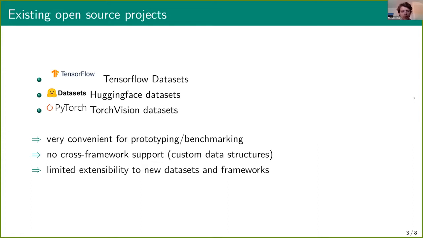There are also some downsides to this. Mostly they use custom data structures. For instance, TensorFlow datasets and Hugging Face datasets use TensorFlow tensors, and Torch Vision uses Torch tensors. And by this design, there's no immediate cross-framework support.